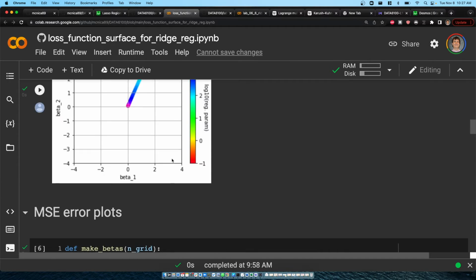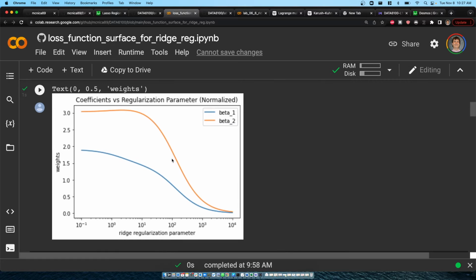So what I did is I made this kind of plot, which we also saw last class. And this is a plot of the coefficients as a function of the regularization parameter, right? And we saw this last class. So as you change the value of alpha, the solution you find, the minimum value, so the best possible beta you find, the bottom of that bowl, you have two values, beta 1 and beta 2, and they change as you change the regularization parameter.